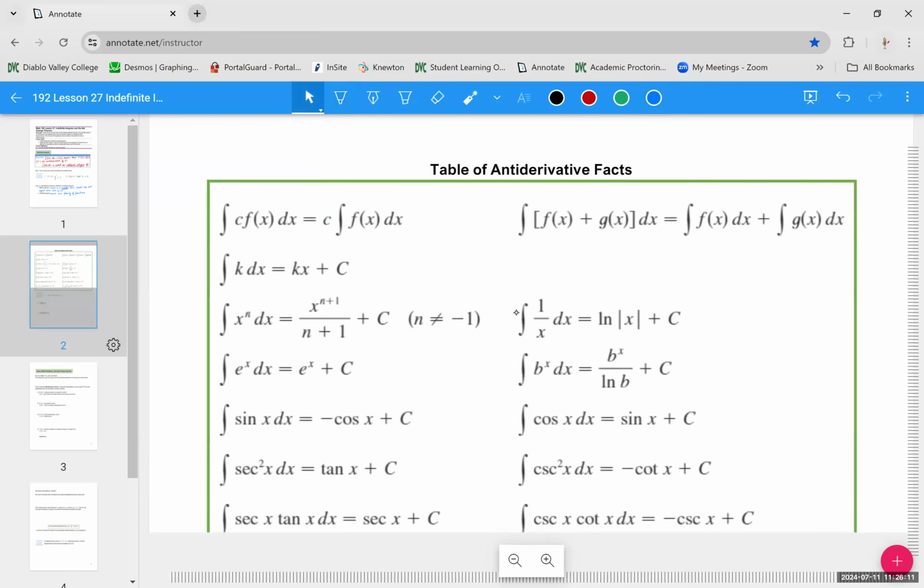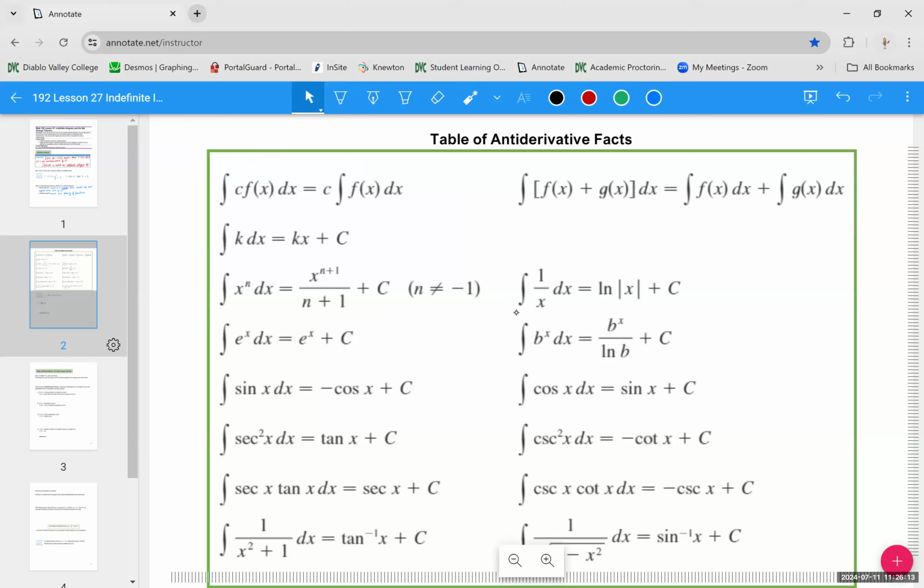So on this next page, there is a whole table of antiderivative facts. I won't go through all of these, but they're basically most of the things we talked about already in lesson 23, like factoring out a constant, sums and differences, integrating a constant, the power rule, how we deal with x to the n, how e to the x is its own derivative, 1 over x, of course, etc. So I'm not going to go through all these.